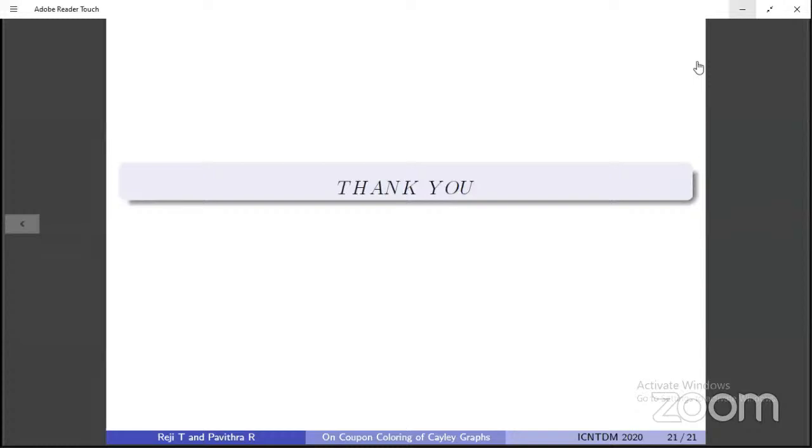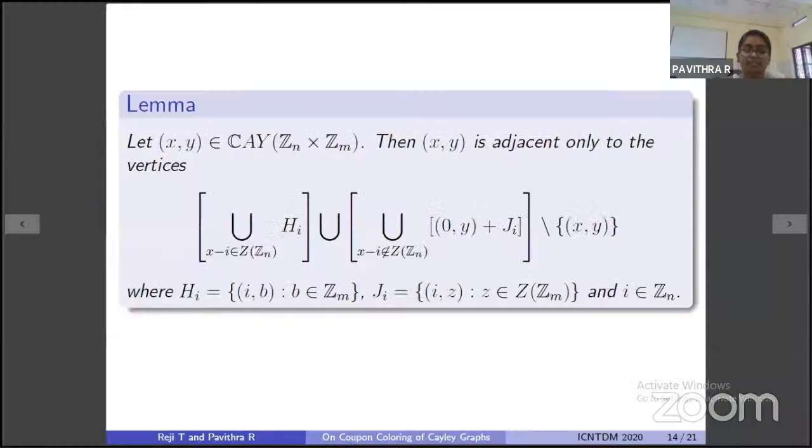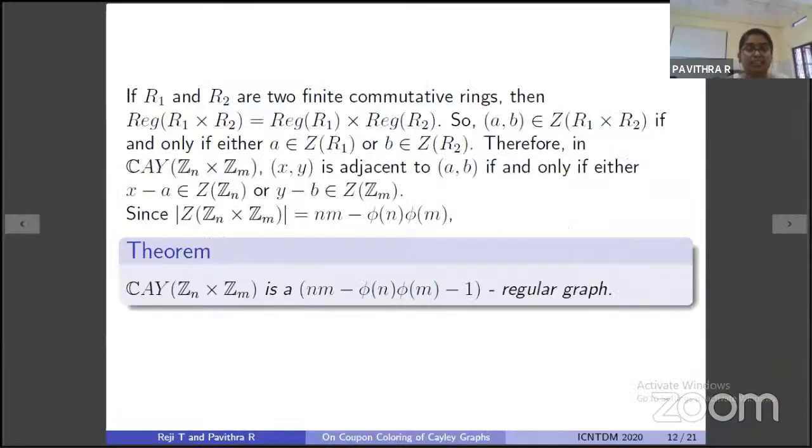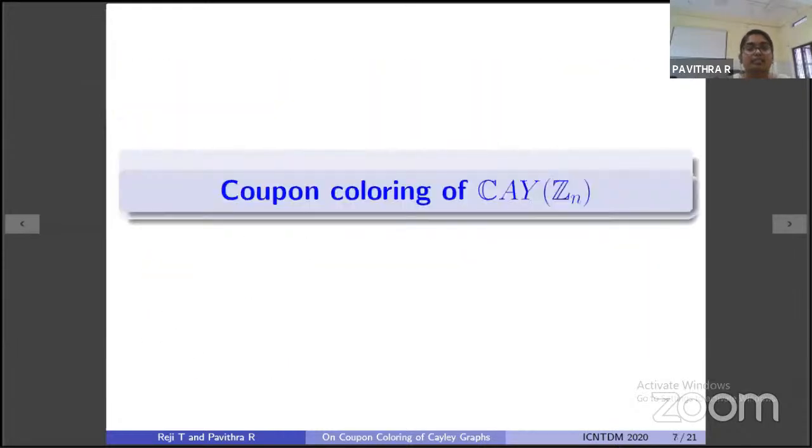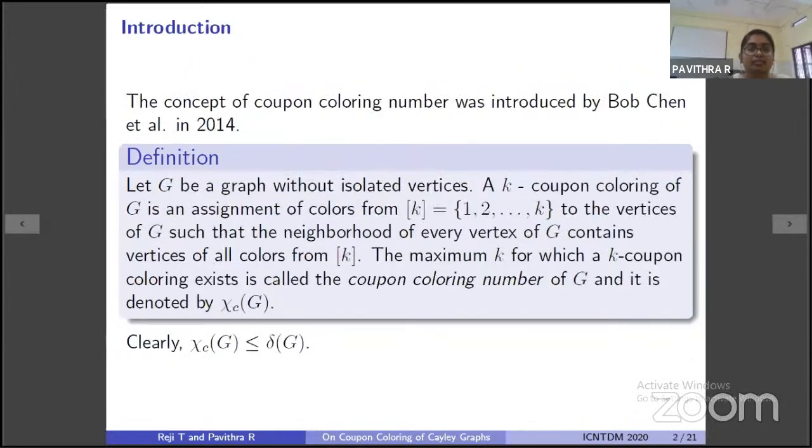Yes, distinct vertices may have the same color. In proper coloring, distinct vertices must have distinct colors. In usual coloring, adjacent vertices will receive different colors. Sorry, sir. Adjacent vertices have different colors, but when you say it is improper, the same color can be possible in this coupon coloring.